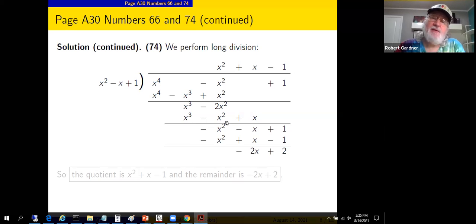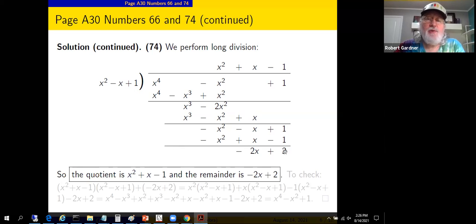Parentheses and subtract. These are gone. We're left then with negative x minus x, negative 2x, and 1 minus negative 1. It's 1 plus 1, and 1 plus 1 is 2. So quotient is given up here, x squared plus x minus 1. Remainder is given down here, negative 2x plus 2.